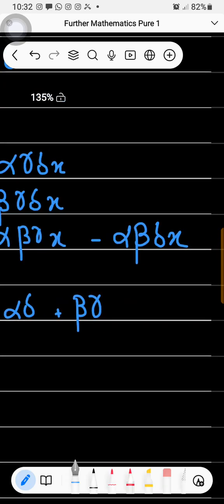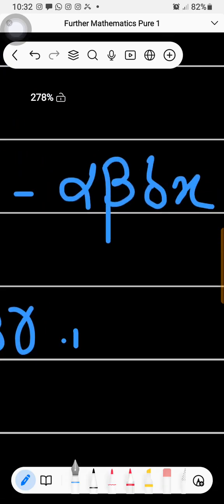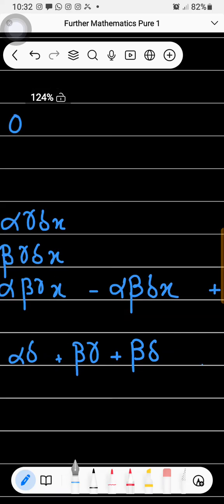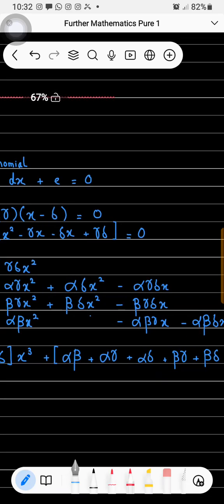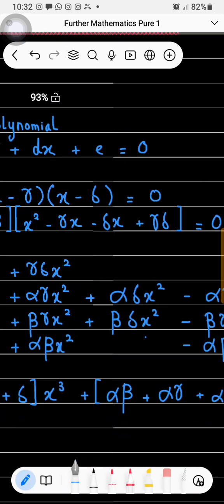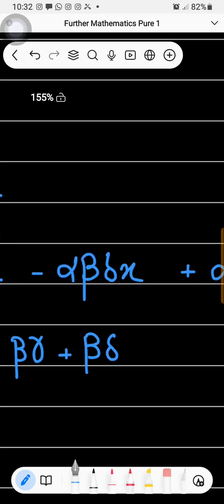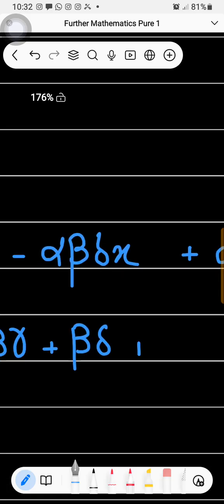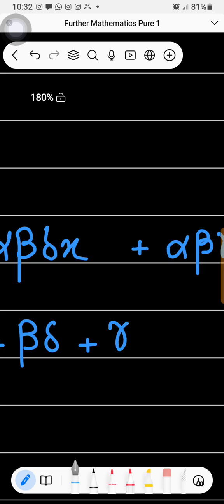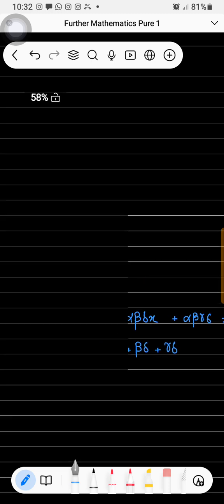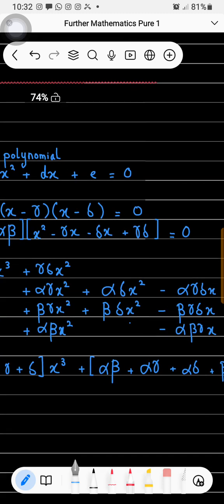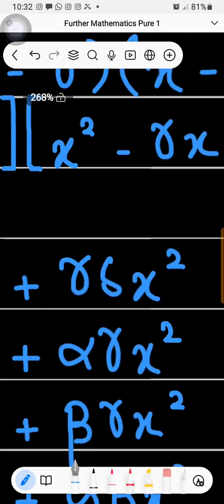Now I will write beta delta. Here is beta delta. Now I will write plus gamma delta. So here is gamma delta.